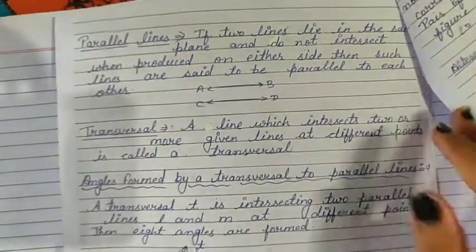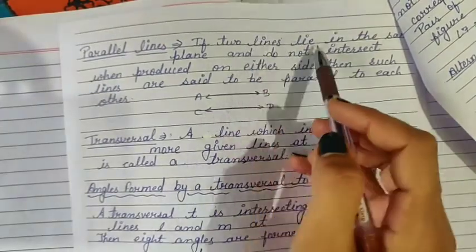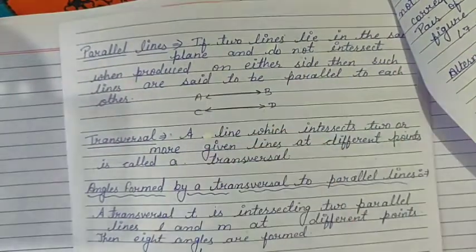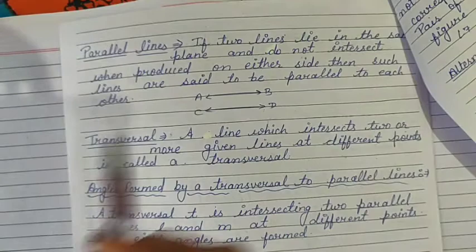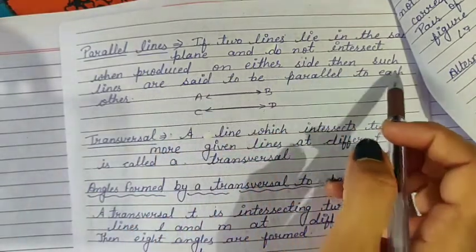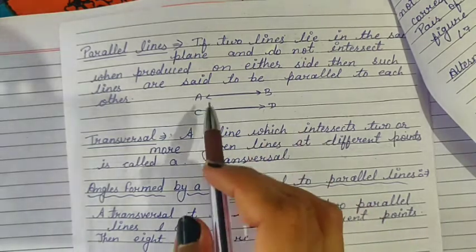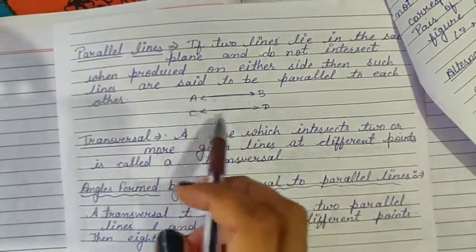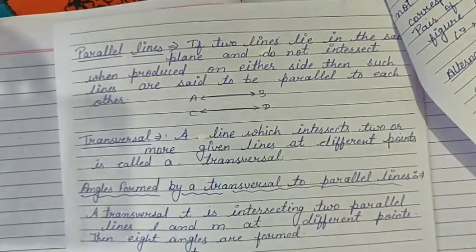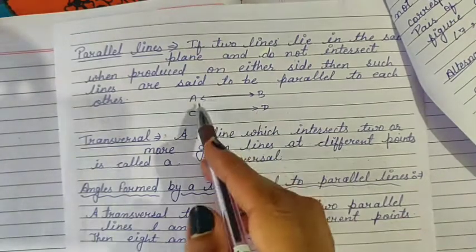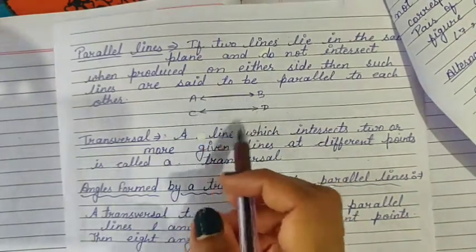Okay. So firstly, what are parallel lines? If two lines lie in the same plane and do not intersect when produced on either side, then such lines are said to be parallel to each other. Students, these are two lines AB and CD. These two lines are lying in the same plane and do not intersect each other.